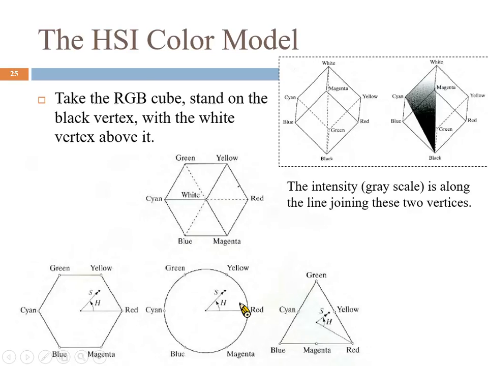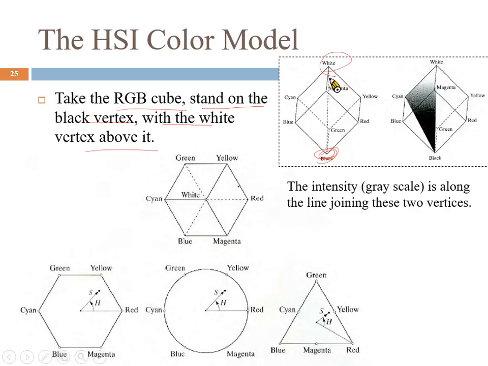So how do we describe an HSI color model? Basically, we can imagine that we take the RGB cube and stand it on the black vertex with the white vertex above it. We use the same cube, but right now we rotate it to make the black vertex stand, and the white vertex just above it.